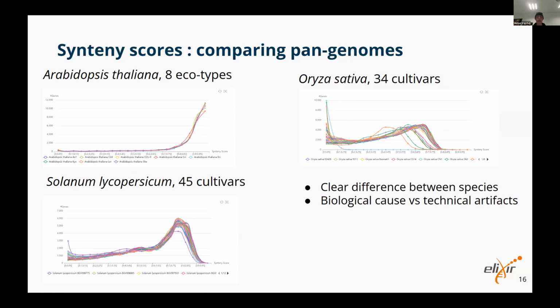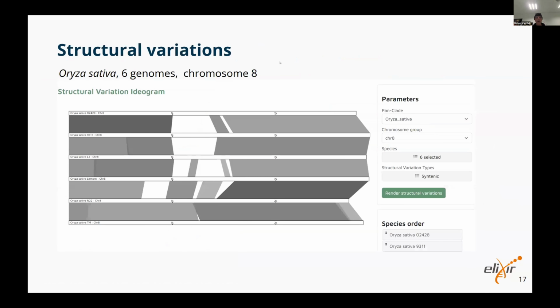It's important to note here that QC, of course, still plays a very important role, because if there is genome fractionation or bad annotations, this will have a major impact on the computation of these synteny scores.